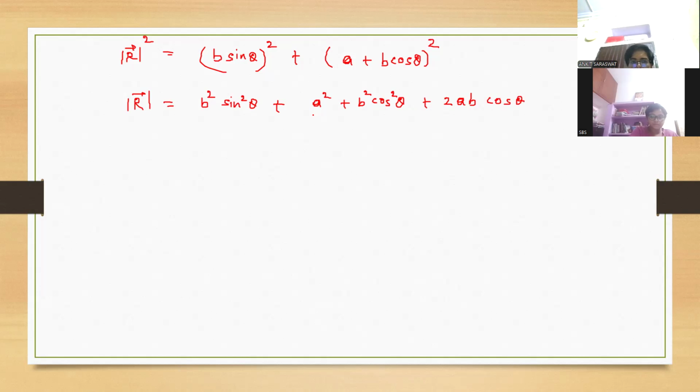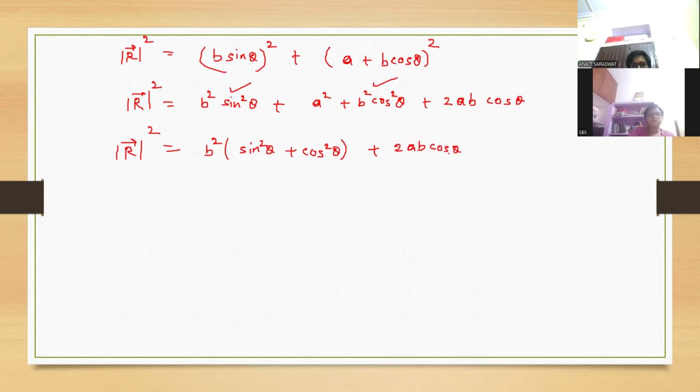Clear? Any doubt? Now if you look carefully, this is mod R square. B square you can take common from these, then inside will be sin square theta plus cos square theta, plus 2AB cos theta. Is it okay?